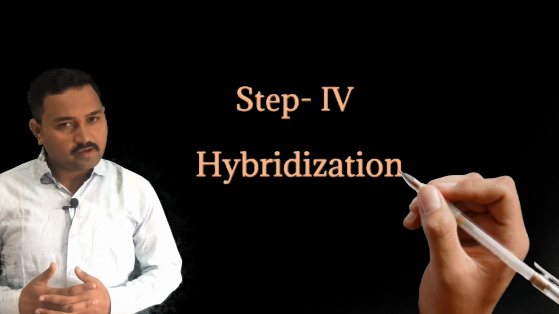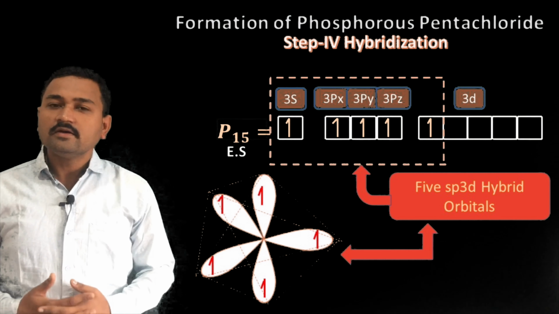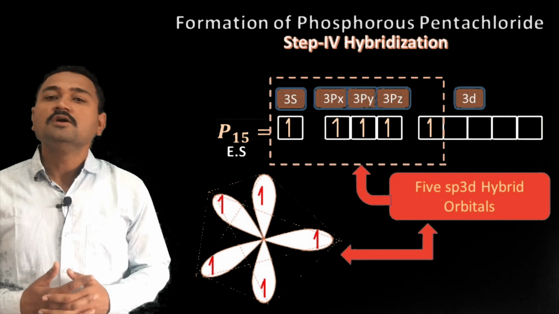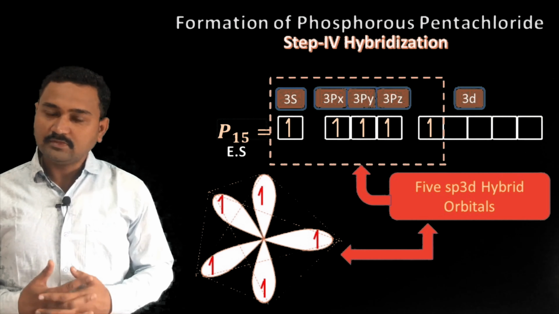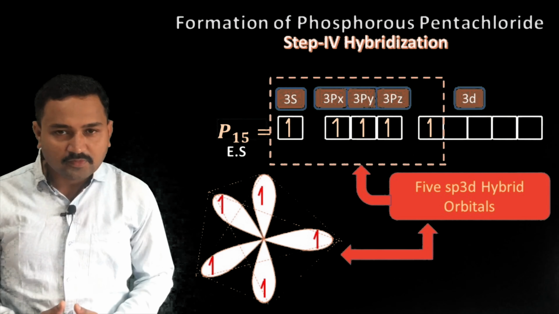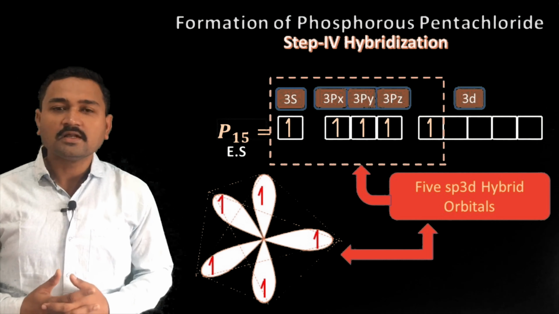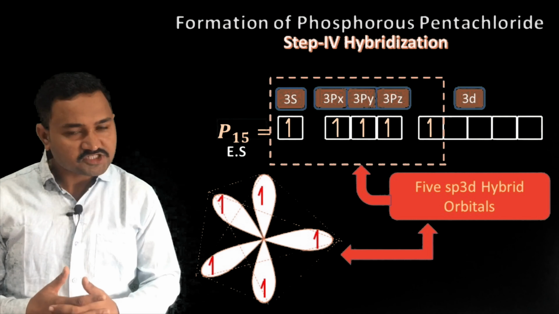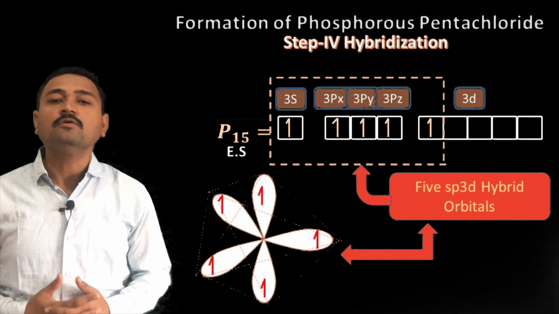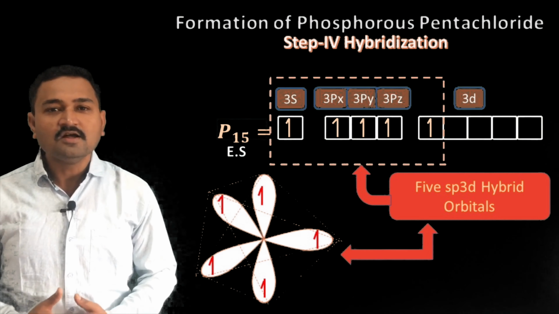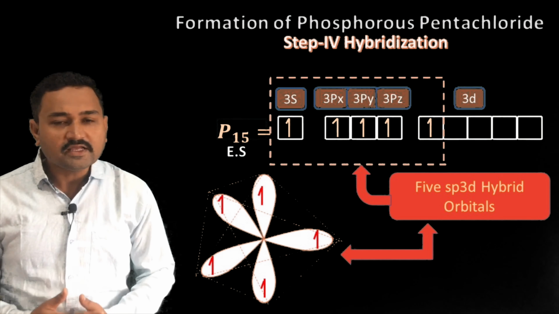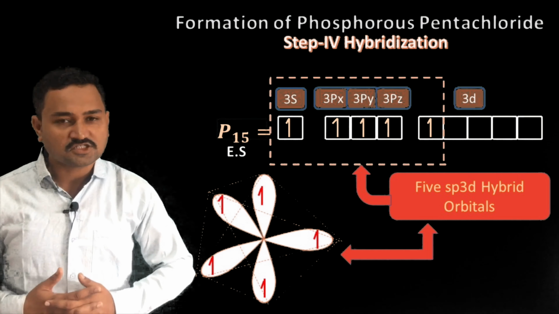So now let us consider the next step, that is the hybridization process. Here in this hybridization process, the one 3s atomic orbital, three 3p atomic orbitals and one 3d atomic orbital, each containing an unpaired electron, undergo the sp3d hybridization process and form 5 sp3d hybrid orbitals of equivalent nature. These 5 hybrid orbitals are arranged in three-dimensional space in such a manner.